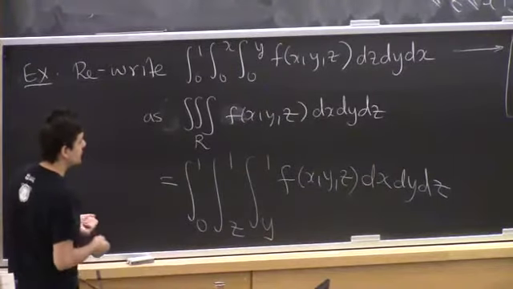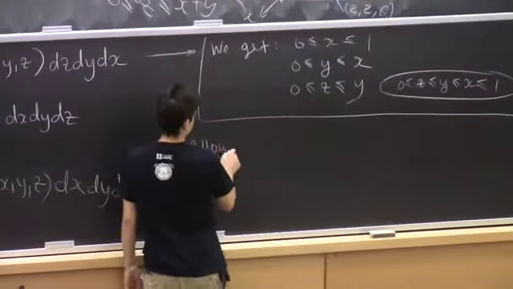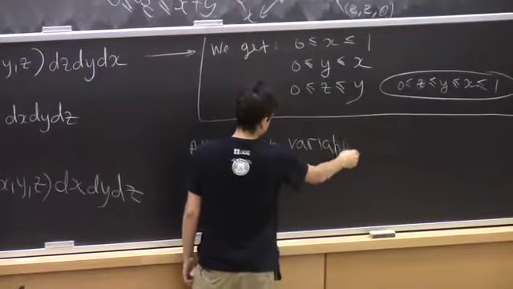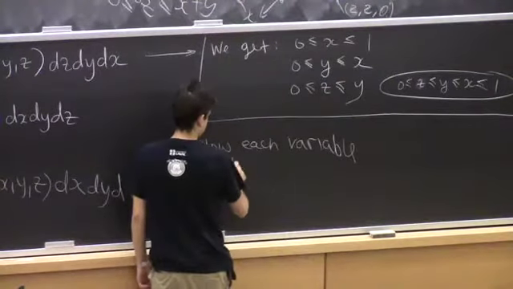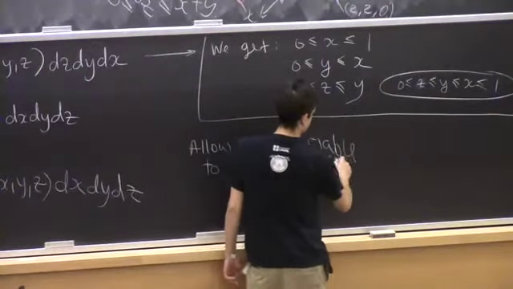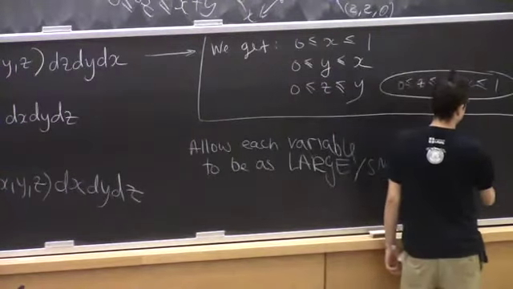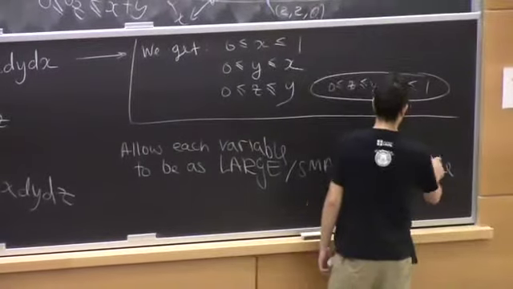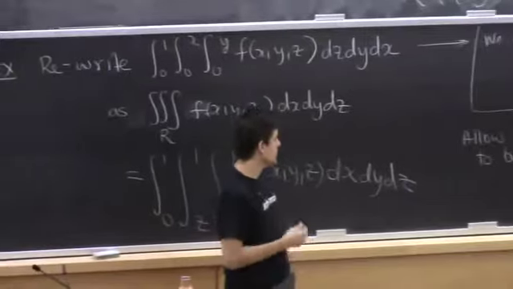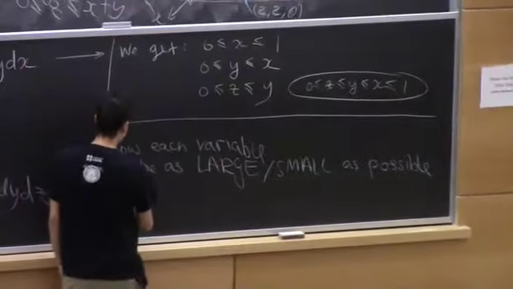Okay, so we always allow, so when we're picking our bounds to rewrite, we allow each variable to be as large or as small as possible while satisfying old bounds.